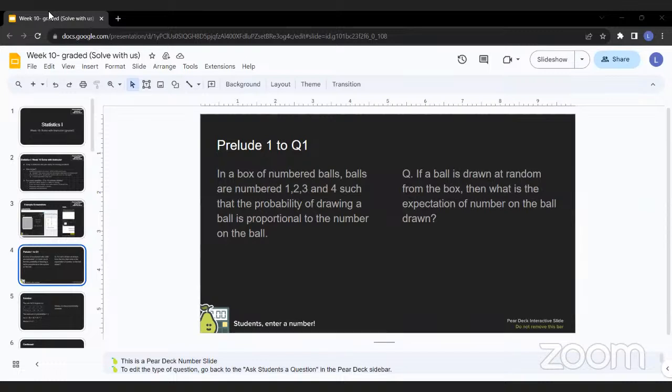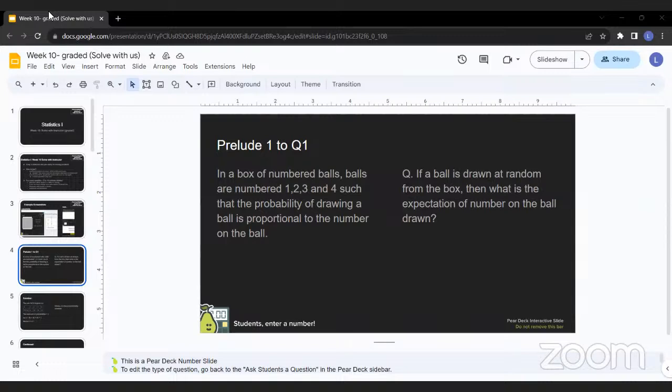We'll have 1 into 0.1 plus 2 into x. We'll just give the values here first. So k will be 0.1, this will be 0.2, 0.3, and 0.4. Now x will be 0.2 and the probability will be 0.